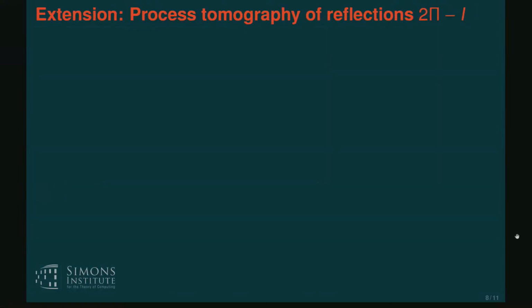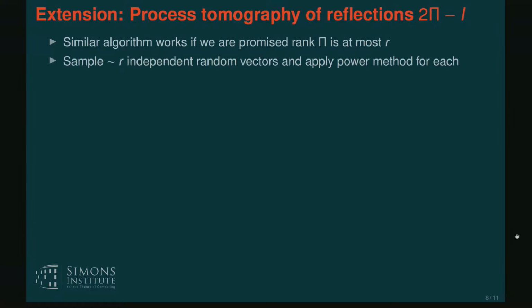And so I can also phrase it as a problem of process tomography of a reflection. I'm given a reflection operator around a subspace of dimension at most r. It used to be 1, now it can be some larger number. And the algorithm is basically the same as the power method.